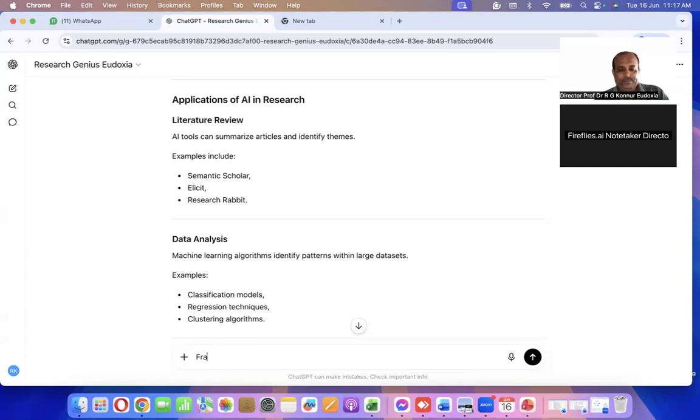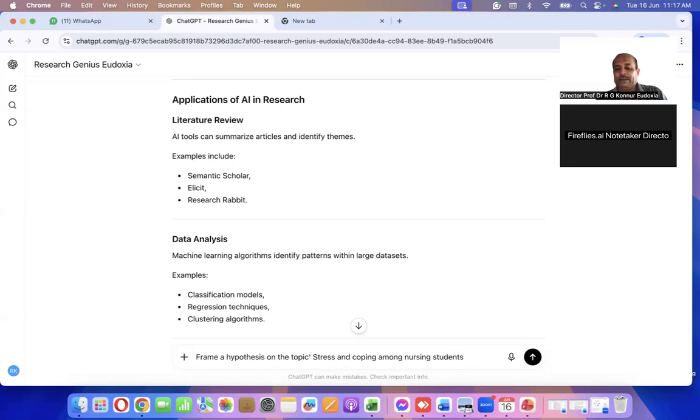Frame a hypothesis on the topic stress and coping among nursing students.